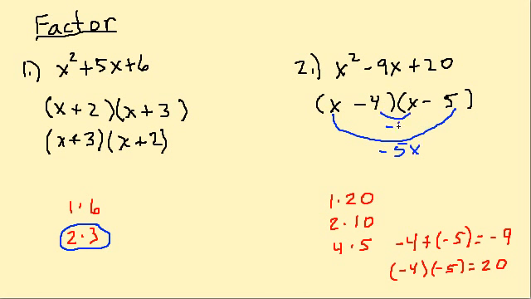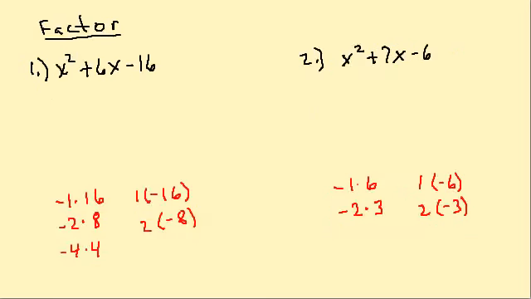Multiply the inside, gives me minus 4x. And minus 4 plus minus 5 is minus 9x, which is the middle term. And then of course negative 4 times negative 5 is positive 20. And this is the easiest way to check when you're factoring: just multiply it back out and see if you get what you started with. So my answer is x minus 4 times x minus 5.